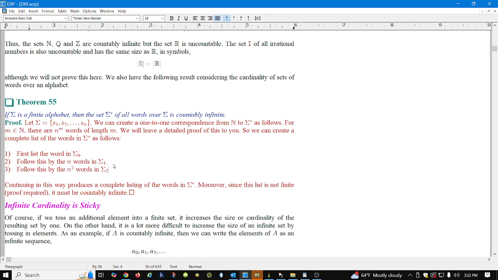I'll let you sort out the details if you're interested. But the point is, we have a non-finite list or sequence consisting of all the words in sigma star, each word appearing exactly once, and so sigma star is countably infinite.